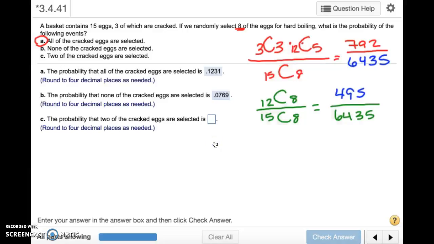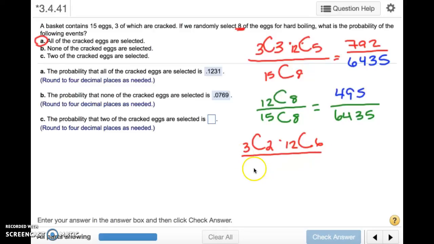And then that takes me to my final question. And this says, what is the probability that 2 of the cracked eggs are selected? So that's similar to this top one. Out of the 3 cracked eggs, I'm selecting 2. And out of the 12 good eggs, now to get my 8, I have to select 6.